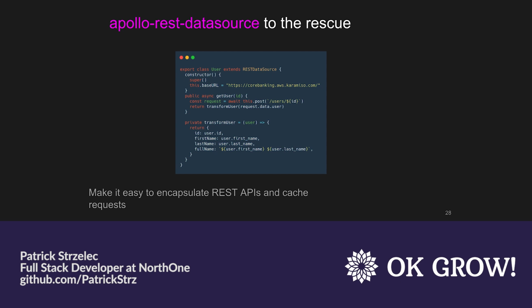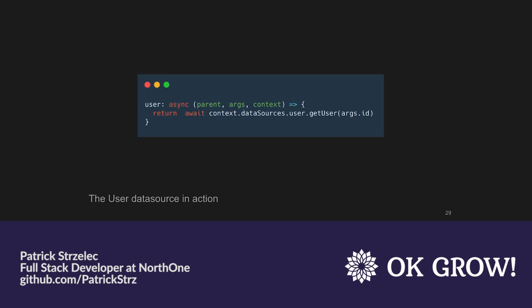Here you could set common properties like your base URL, and you declare all your methods and pull in all of the logic that you would want to abstract away from your resolver into here. And then when you're calling this data source, we're returning objects that are ready to use in GraphQL. And so this is that data source in action. I already showed this, but again, just showing how simple it is to use something like this.